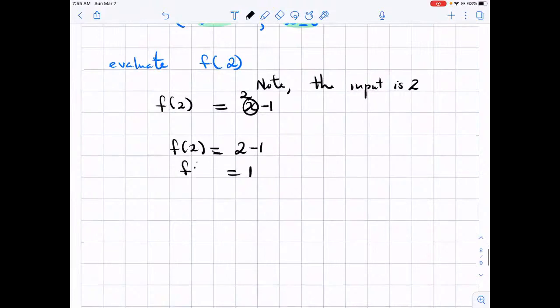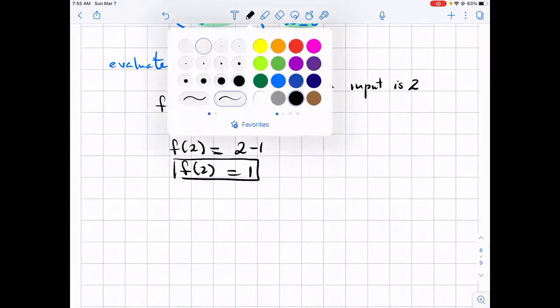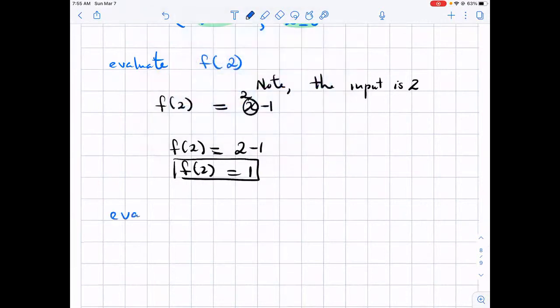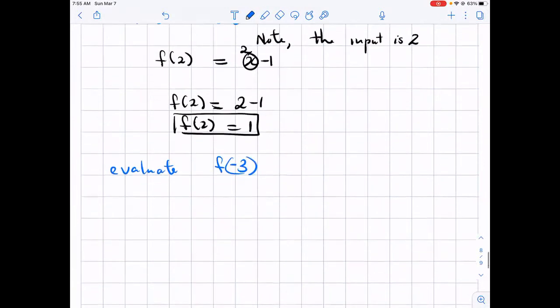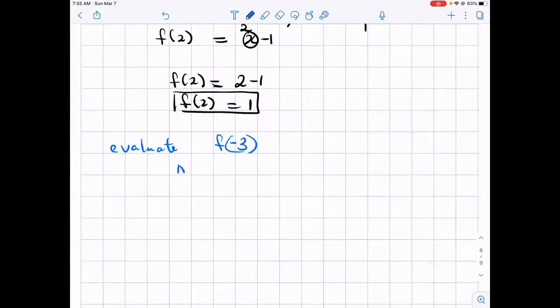So f of 2 is 1. Now, if I ask you to evaluate f of minus 3, so notice now, the input is minus 3.